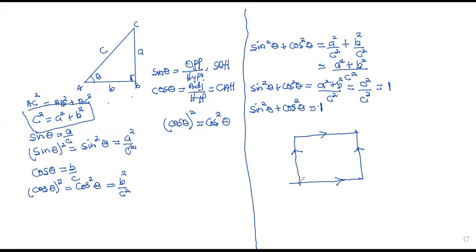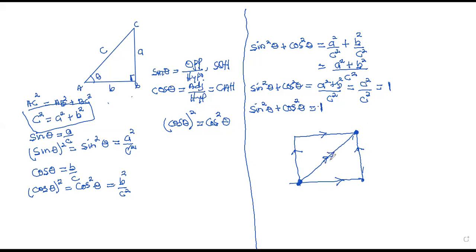The resultant is as if this vector is moving from here and then following up with the other one. The shortest possible distance is drawing a vector from the tail of this one to the head of this one, and this becomes the resultant.